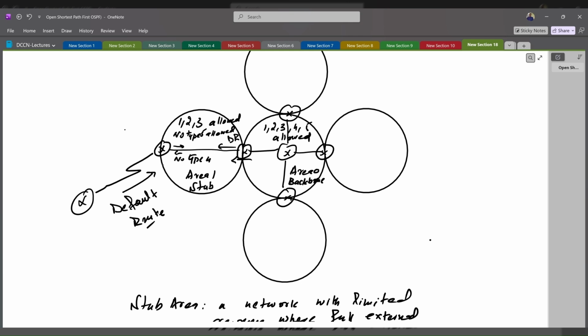So we can use a default route to go outside. Okay, and only type 1, 2, and 3 are allowed. Type 4, 5 are not allowed in this area. Let me know when you understand. Then we have this area again. It has a router, okay, and I call it say area 2, and say this is my totally stubby area.